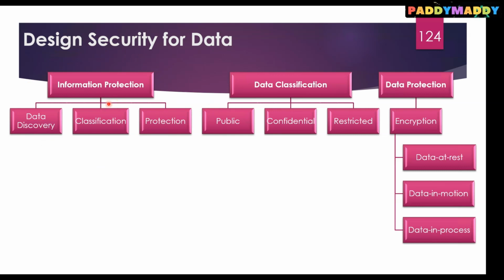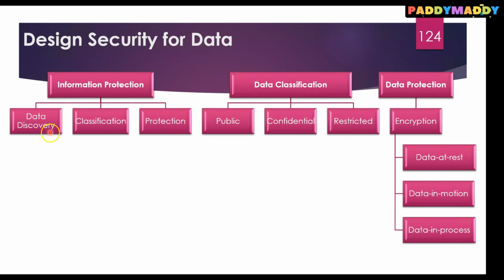The military of a country classifies data by different methods, like public, confidential or restricted. They use classification of the metadata, and that enables labeling the data. That could be public, confidential or restricted.